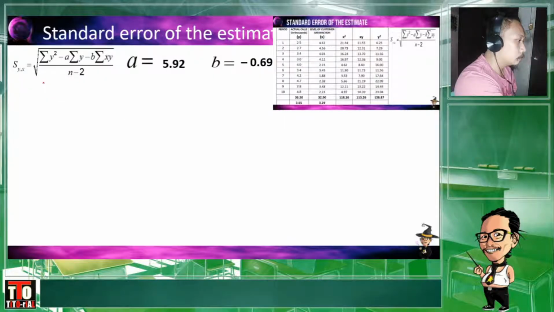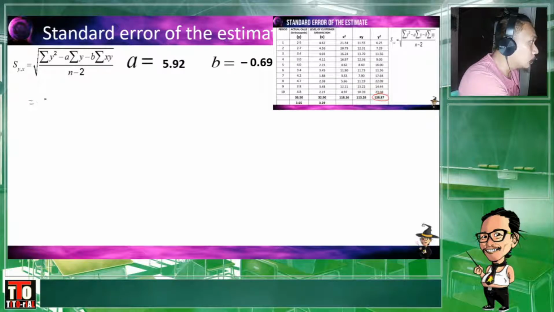Okay? So, dito natin gagawin para medyo malinis yung or malaki yung space natin to compute. Okay. Solve na ngayon natin yung standard error of the estimate. Okay? Now, since meron tayong value ng summation ng y squared natin, which is this one is 138.87. Okay?